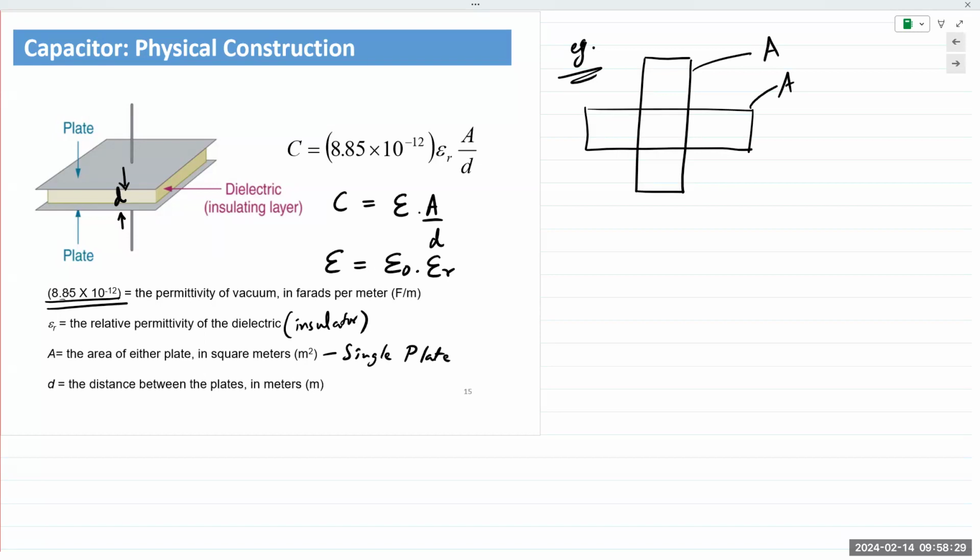So your capacitance is only measured in the plates' crossover. Remember it's two parallel plates, right? So the capacitance is only measured where the two plates cross over. Top view.